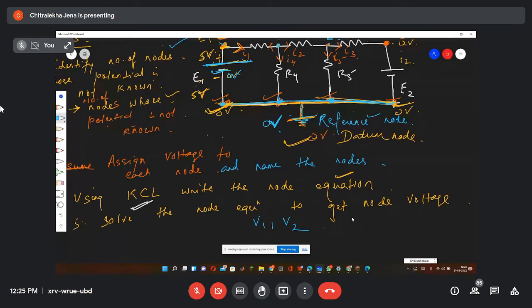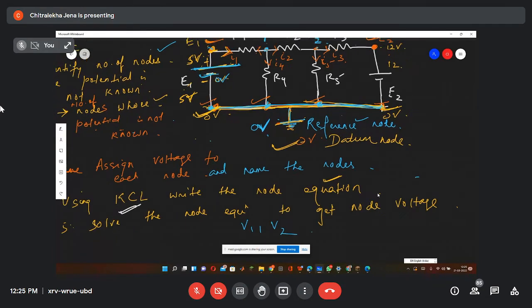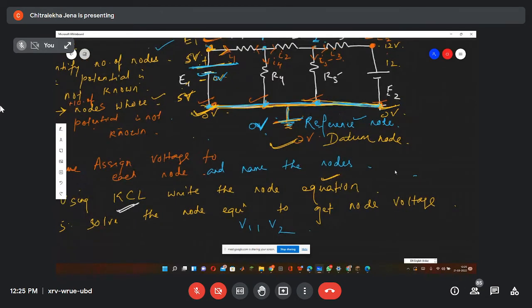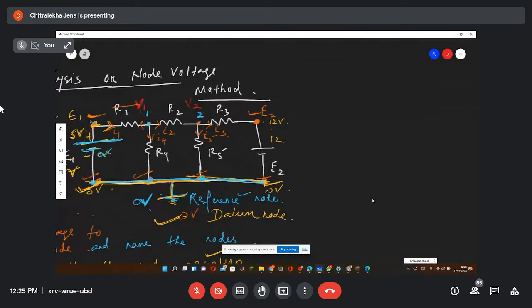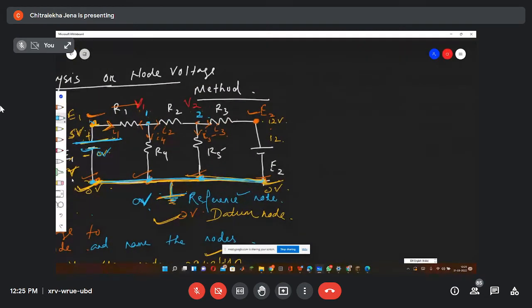Yes, ma'am. So here you will tell me how to write down the node equation. That is important. Look at the diagram and tell me how to write the node equation. For node 1, you will write like this.